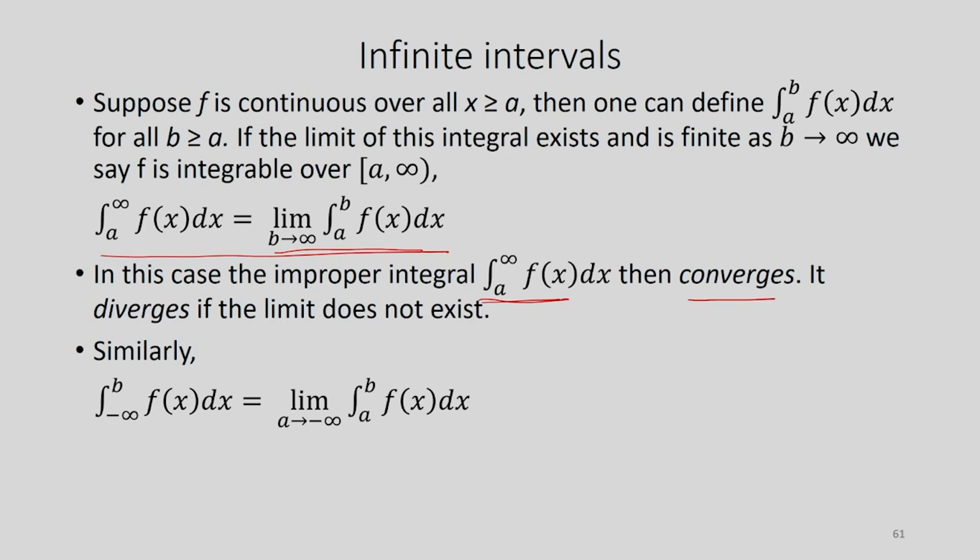It diverges if the limit does not exist. Okay. Similarly, the lower limit can also go to minus infinity, right. Here the upper limit is constant at b, but the lower limit can tend to minus infinity. So, then we can write it like this, and here also the limit must exist, otherwise we cannot say that this integral converges.